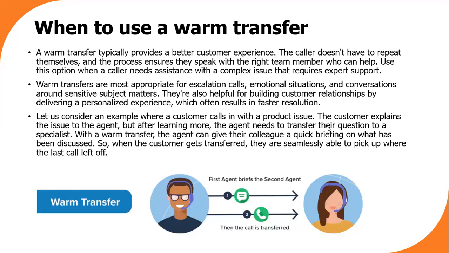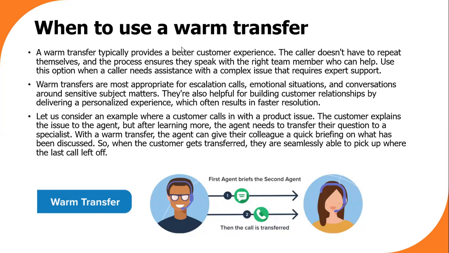This is like a summary of what you discussed with the customer. So when they are transferred, there are no problems, and the customer will not have to repeat the information again and again, right? So this is what we have here. The first agent informs or summarizes the info for the second agent, and then you transfer the call, right?